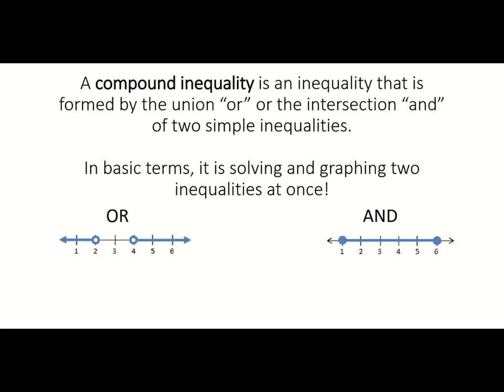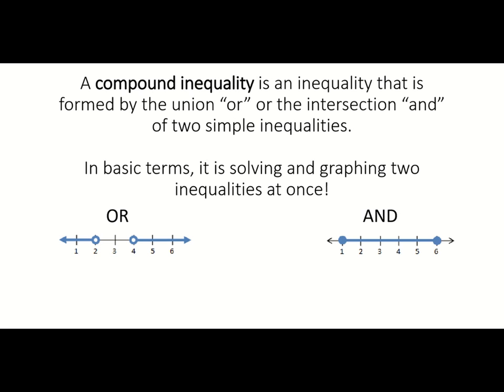Now, when we look at those two inequalities, they could be joined by the word or, or they could be joined by the word and. So if we take a look at the inequality below or, we have an open circle at 2 shaded to the left, and we have an open circle at 4, which is then shaded to the right.